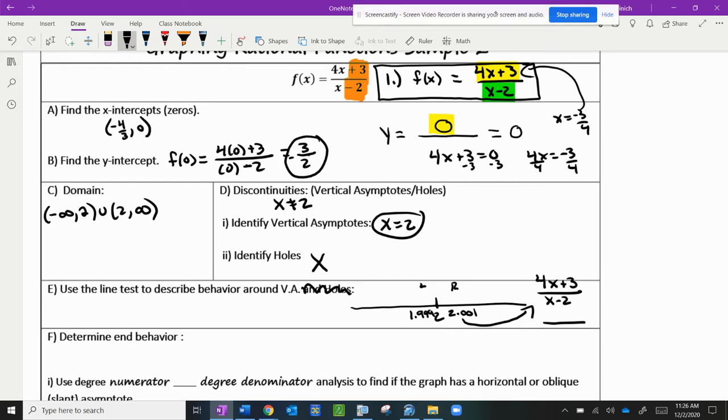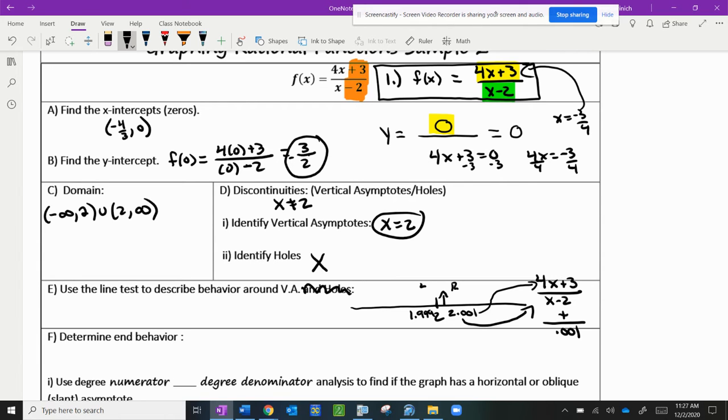I get 0.001. That's the same as multiplying by 1,000. So in the numerator I'm just going to get some positive number. I really don't care what it is, because dividing by 0.001 turns into multiplying by 1,000. Whatever positive number this is, multiplied by 1,000, it's going to be a really large positive output. So my graph is going up to the right.